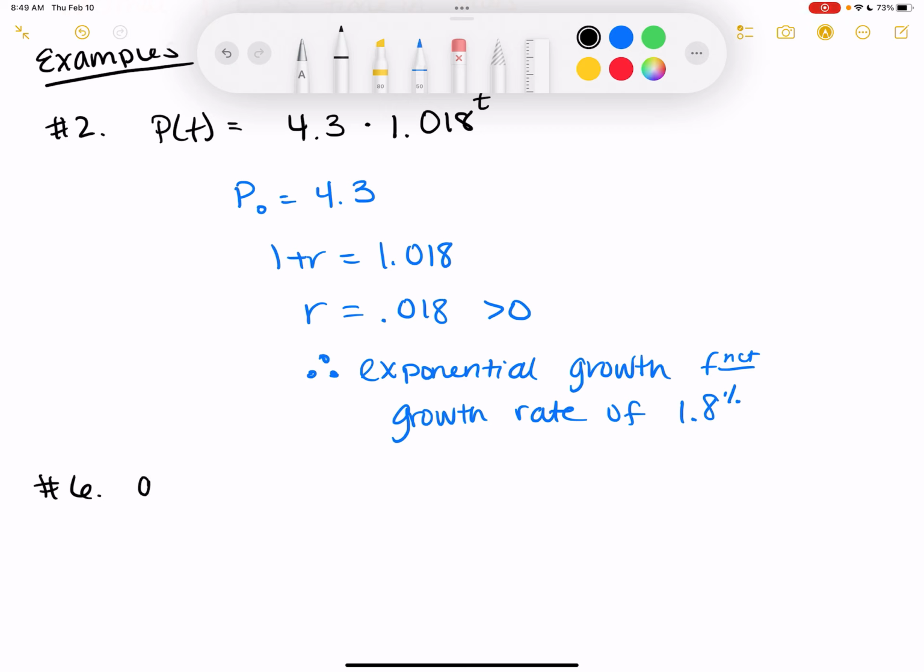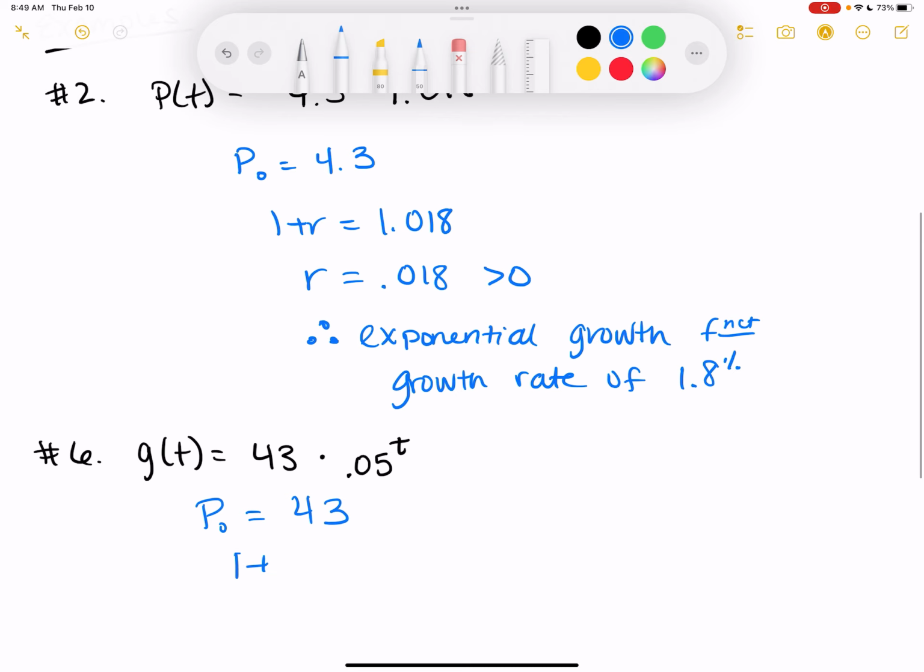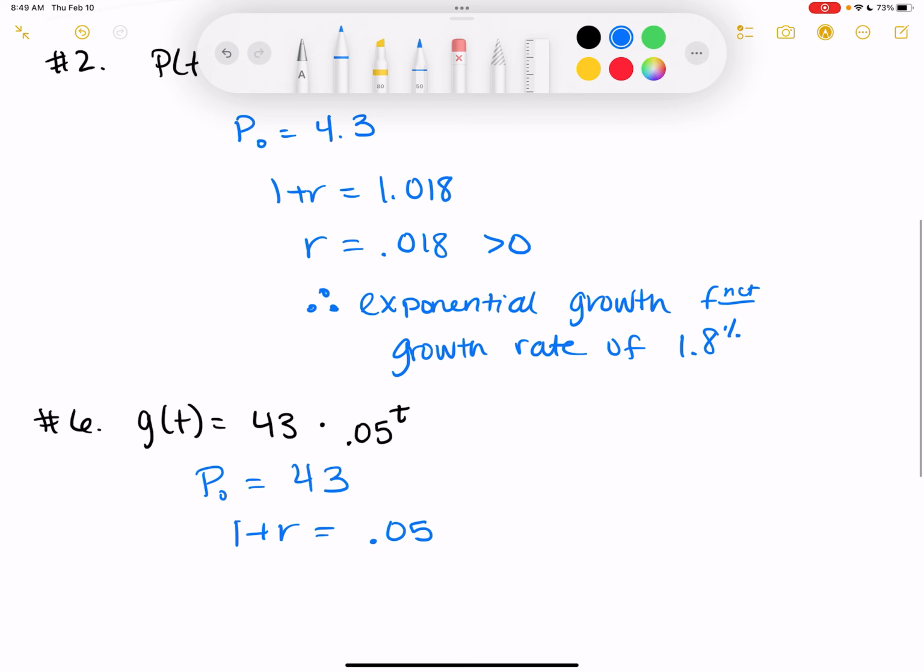Number 6, g of t is equal to 43 times 0.05 raised to the t. So what's my initial P sub 0? 43. So then 1 plus R is equal to 0.05. Need to get R by itself, so I subtract 1, and what does that give me? Negative 0.95.